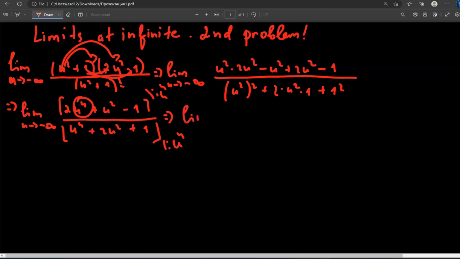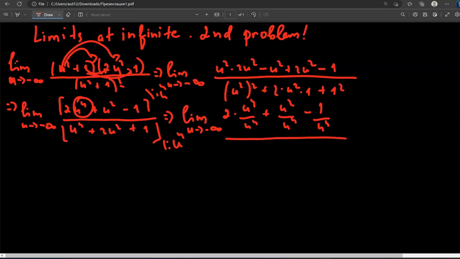So it means the limit as u approaches minus infinity of 2 multiplied by u to the fourth divided by u to the fourth, plus u squared divided by u to the fourth, minus 1 divided by u to the fourth, and all of them divided by u to the fourth divided by u to the fourth, plus 2u squared divided by u to the fourth, plus 1 divided by u to the power of 4.